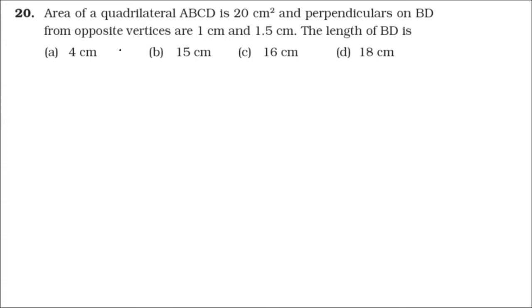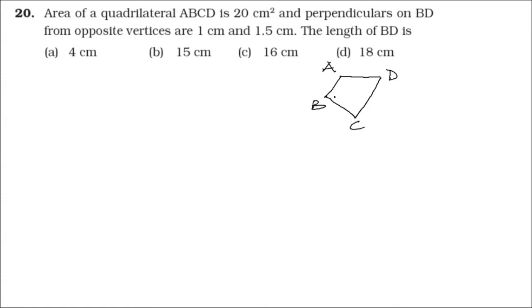Question number 20. Area of a quadrilateral ABCD is 20 centimeter square and perpendiculars on BD from opposite vertices are 1 centimeter and 1.5 centimeters. The length of BD, the diagonal, is to be found. Suppose I consider this particular figure as the given quadrilateral, let me mention this as ABCD.